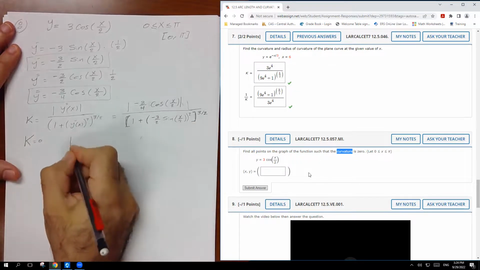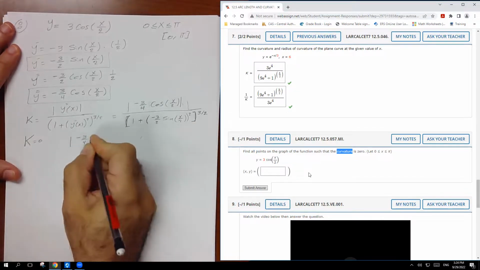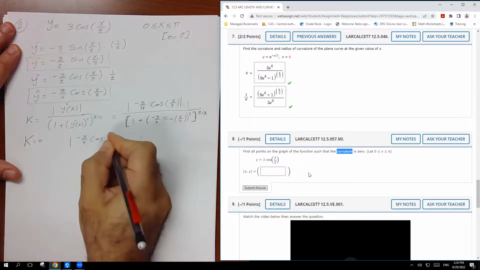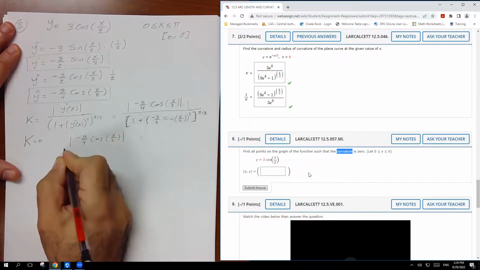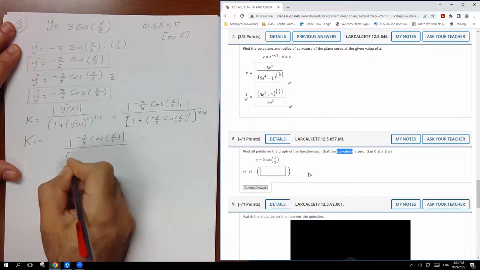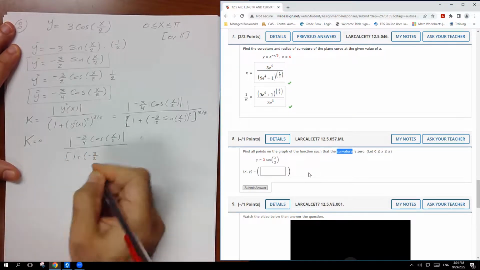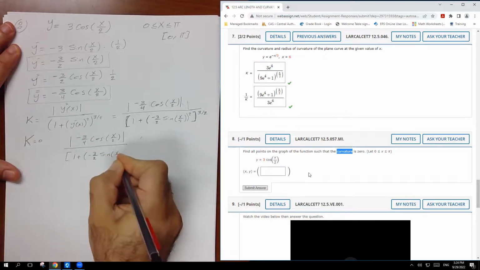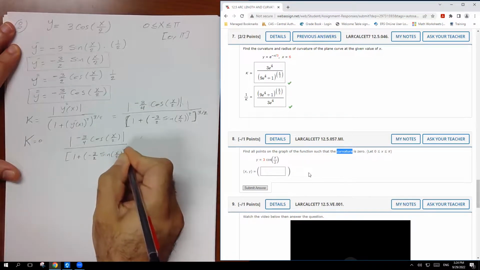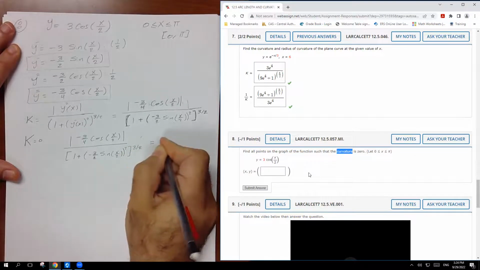So that means the absolute value of negative 3 over 4 cosine x over 2, over 1 plus negative 3 over 2 sine x over 2 squared, to the 3 over 2, equals 0.